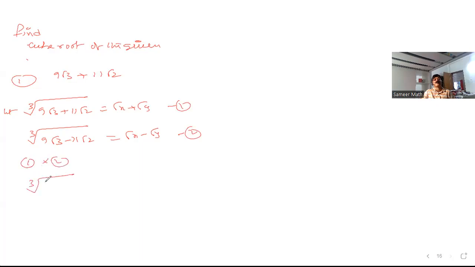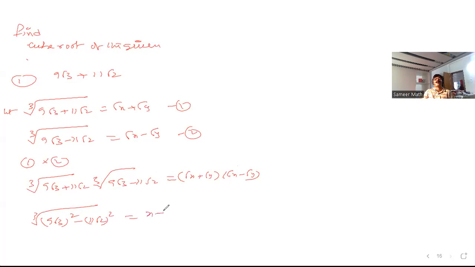So cube root of 9 root 3 plus 11 root 2 and cube root of 9 root 3 minus 11 root 2. So root x plus root y and root x minus root y. What will you get here? Cube root of 9 root 3 whole square minus 11 root 2 whole square, because a minus b into a plus b is there. So this is x minus y.